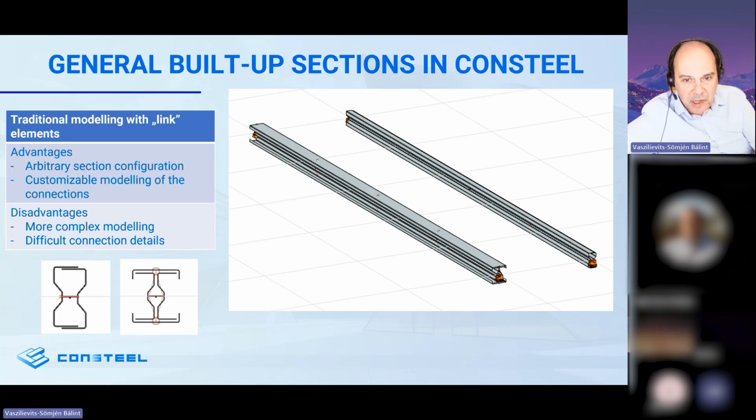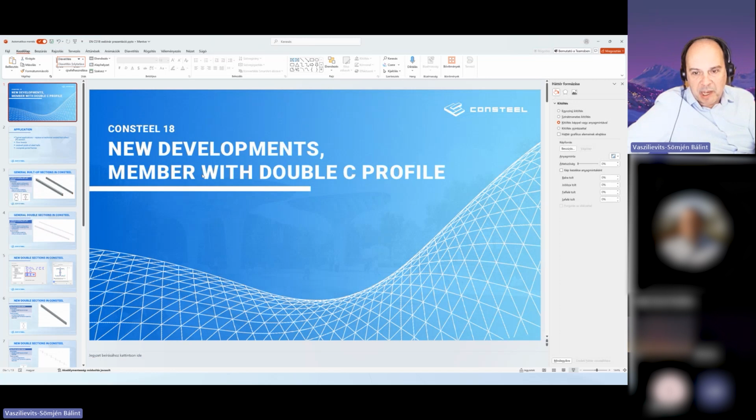But if the connectors are placed close enough and rigidly connecting the two members together, then I can combine the two independent lines into just one. I can use just one reference line, and I can use the new functionality. With the help of the new functionality, the modeling becomes much simpler.